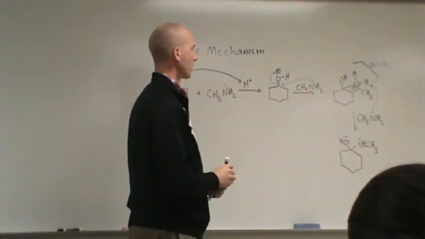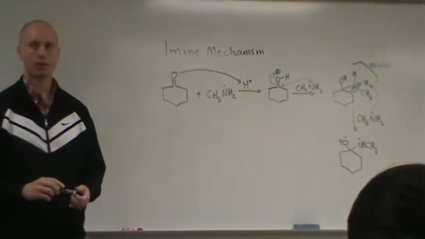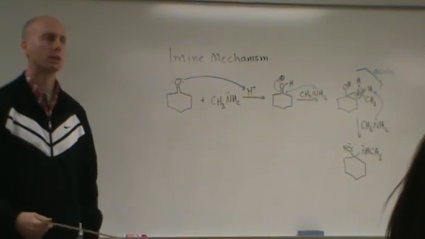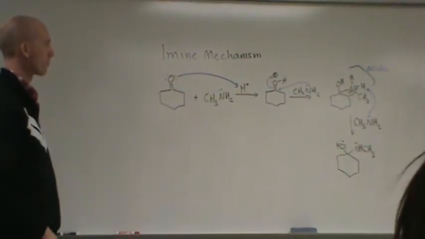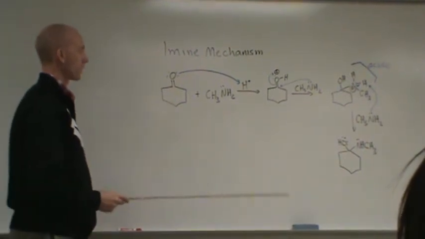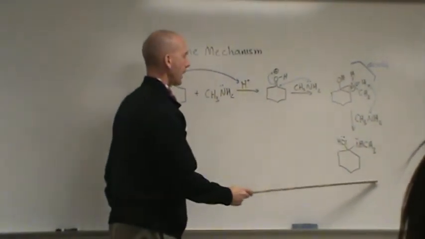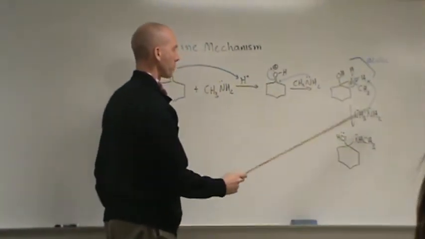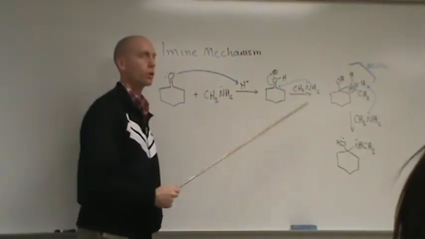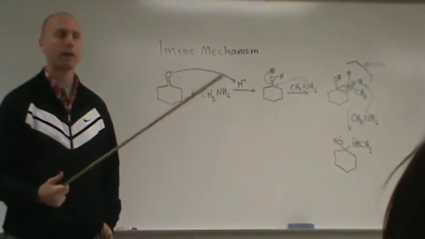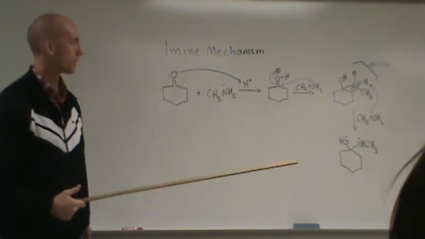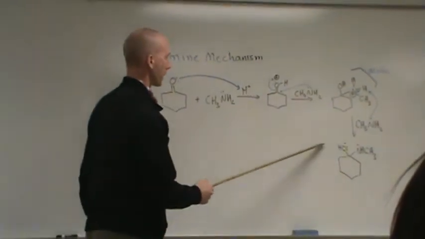So we get this molecule here. We're kind of at the halfway point. Remember, if we were adding on an alcohol, this would have been a hemiacetal or a hemiketal. So we're halfway here.